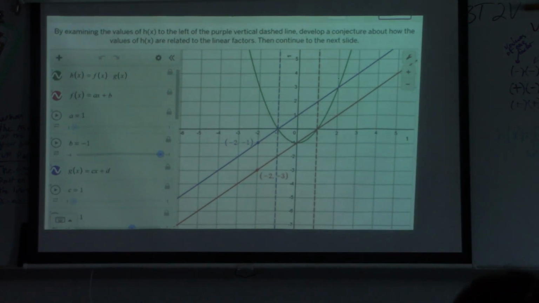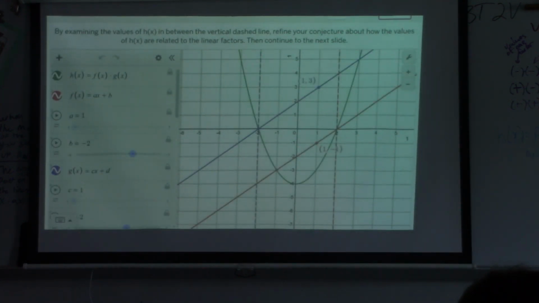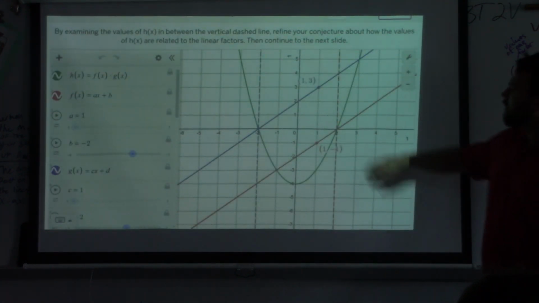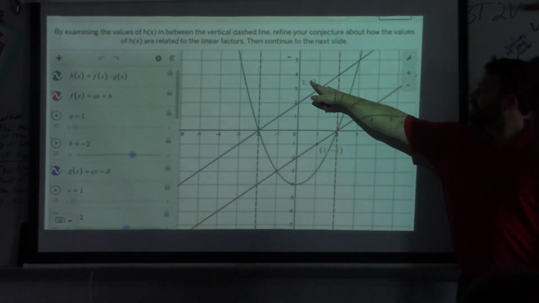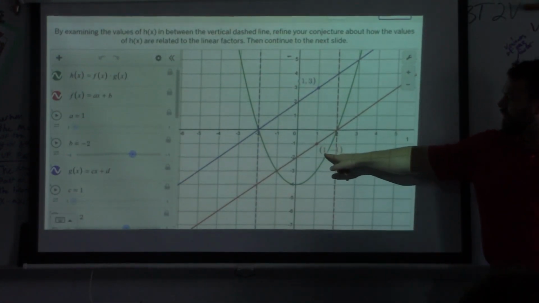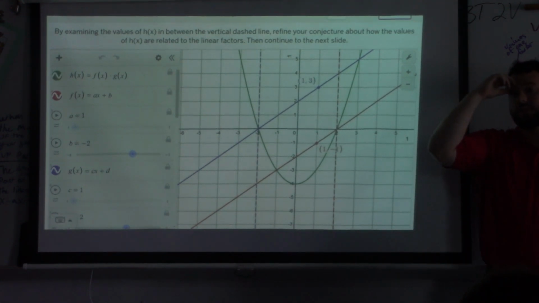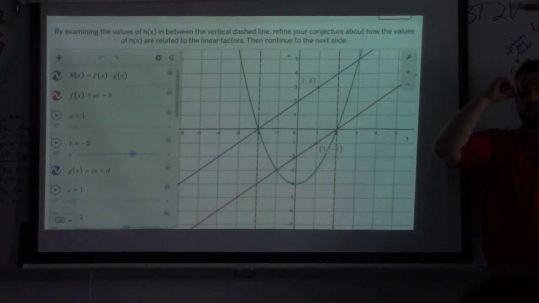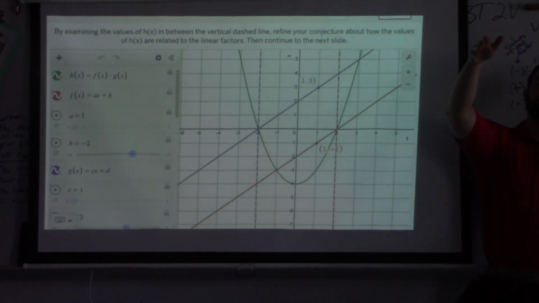We're going to go more into this in a second, but let's look at this slide 9 here. When I look in between, at x of 1, what's my y value? Negative 1. What's 3 times negative 1? Negative 3.